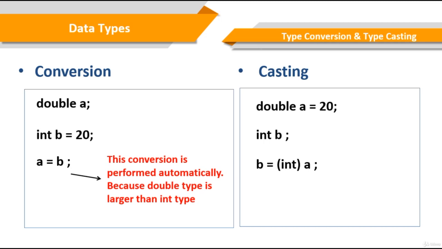Then when we try to assign variable a to variable b, unfortunately, this conversion could not be performed, and the compiler gives us an error. And you know why, right? Because the double data type is bigger than the int data type. So in these cases, you just have to explicitly specify the typecast operator, and that process is known as typecasting.